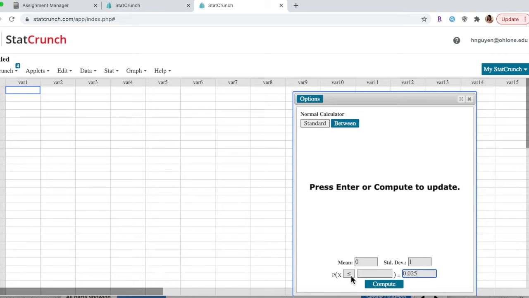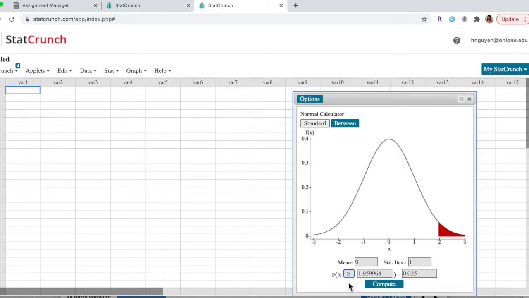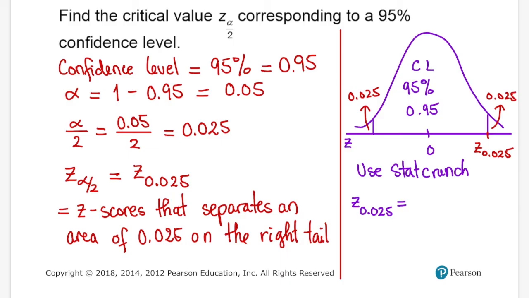And I want this to be greater than because that area is on the right. This is my z-score. And I get 1.95996. For the z-score, I am going to round it to 2 decimal places, and I get 1.96.